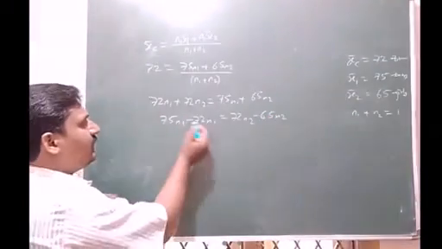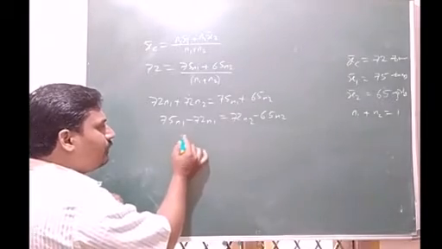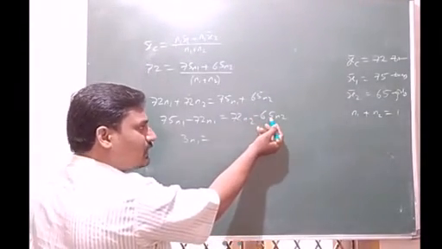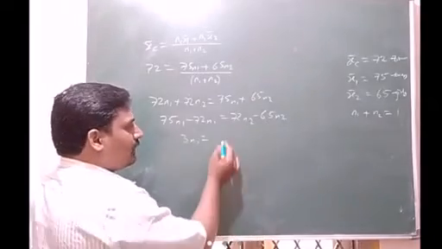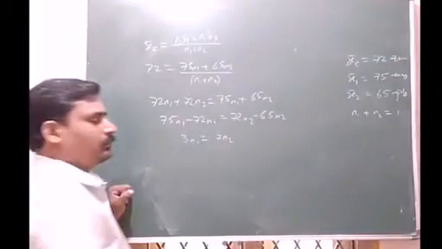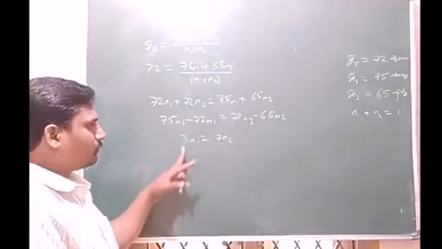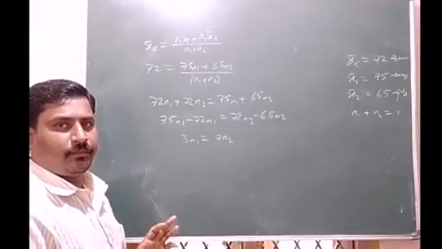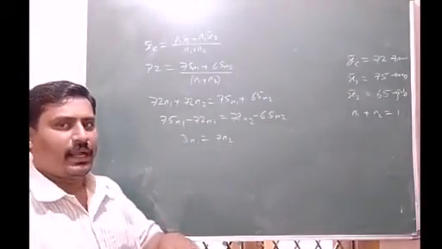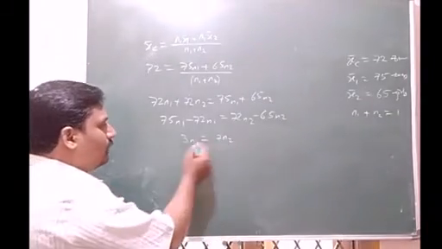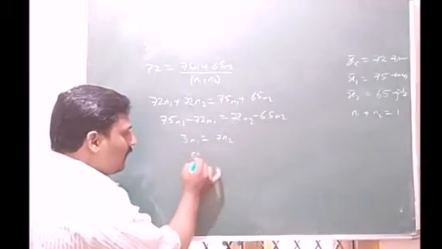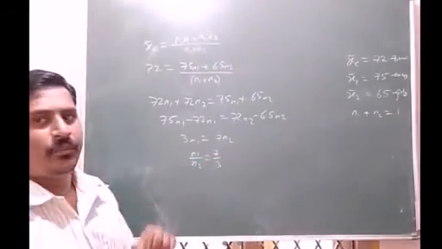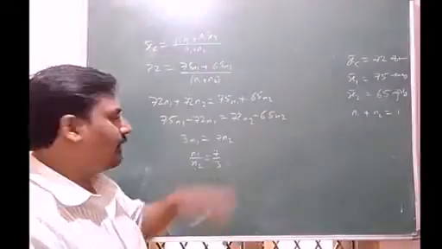So 75 minus 72 is 3, so 3 N1 is equal to 72 minus 65, which is 7, so 7 N2. Send 3 to that side and take N2 this side, so the numbers go one side and the variables the other. So N1 divided by N2 is equal to 7 divided by 3.